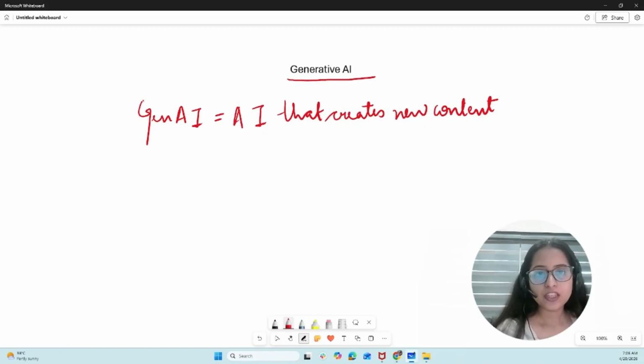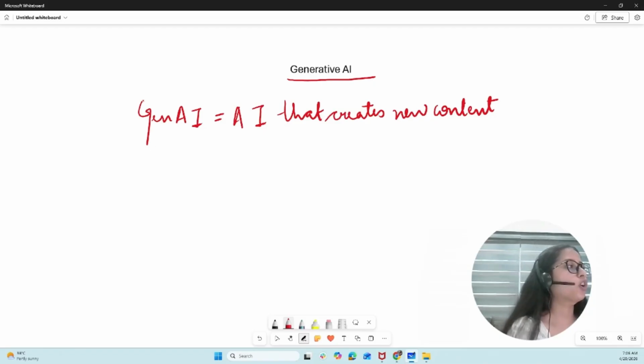Let me break it down for you. Generative AI means to generate, which means to create something new. And AI means artificial intelligence, that means machines that can perform tasks that normally require human intelligence. So generative AI, or Gen AI, means AI that can create new things.